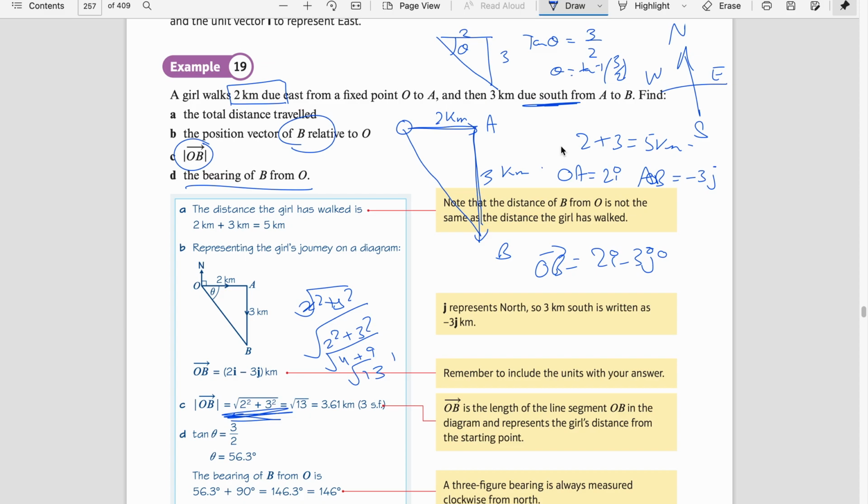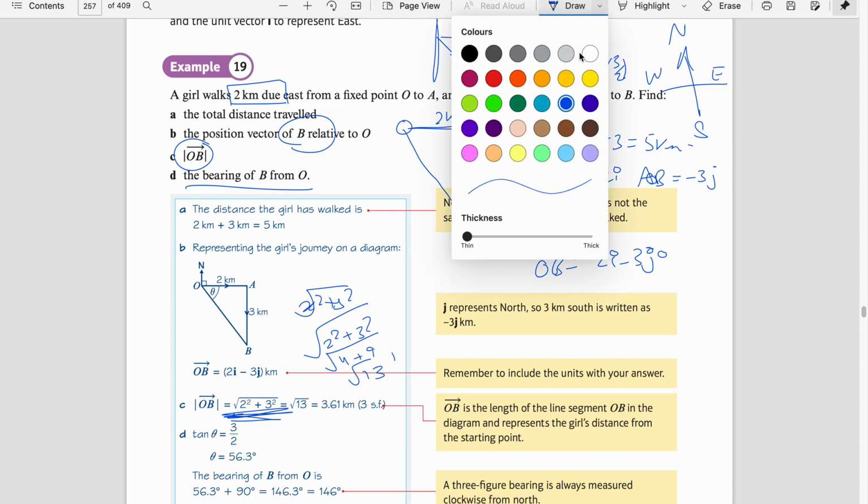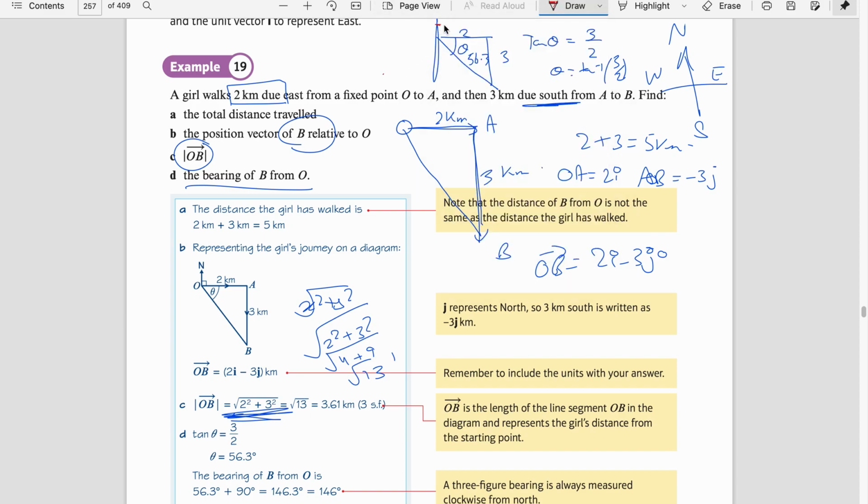Tan inverse of 3 by 2 is 56.3. So this angle right here is 56.3. But we are asked about the bearing. So bearing is this whole angle in red, this angle. So 90 plus 56.3 is equal to 146.3 degrees is the bearing.